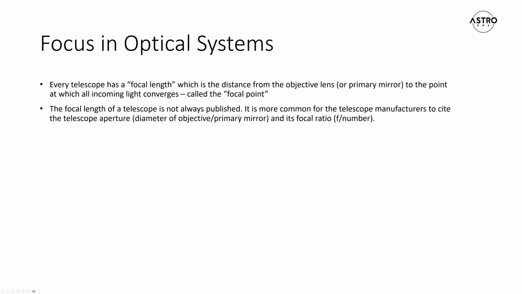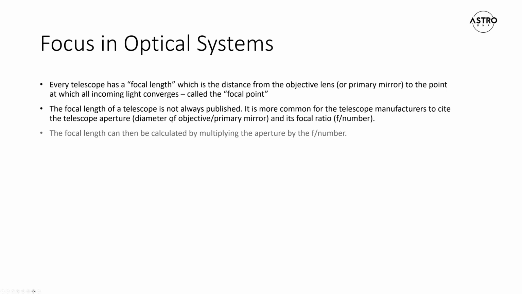The larger that diameter, the more light gathering capability your telescope has. And then finally, based on the design of that lens or that mirror, there's some focal ratio or f number. We typically see something like an f7, f10, f4.5, whatever. That is your focal ratio.